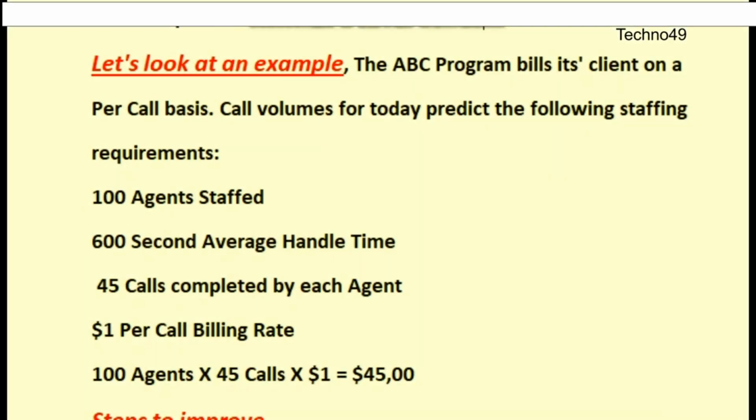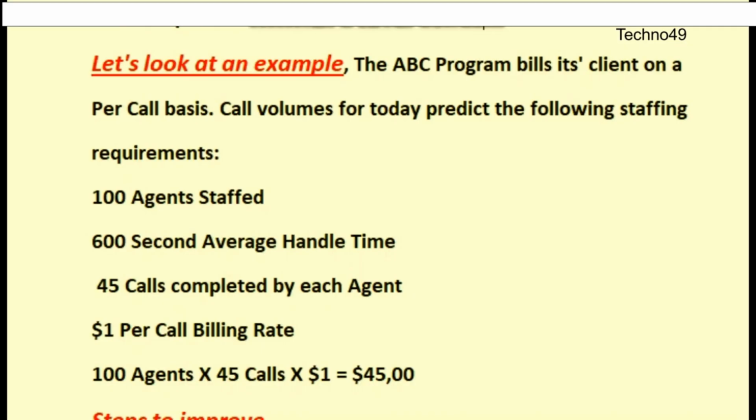So the total revenue for 100 agents, if they take 45 calls each, would be $4,500. So your 100 agents on an average, if they take 4,500 calls, the revenue would be $4,500.